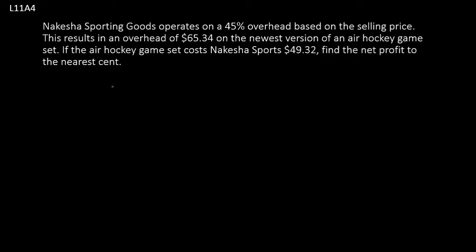So again, pull up those equations that you might need. Notice that once again, they're also asking us to find net profit. So pull out your net profit equation. Net profit is equal to markup minus overhead.